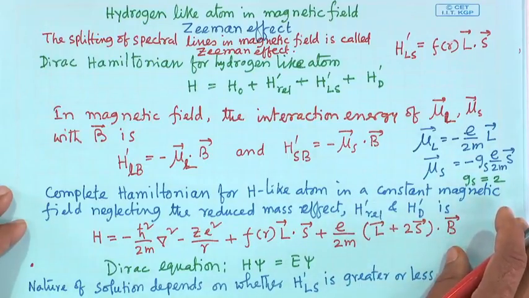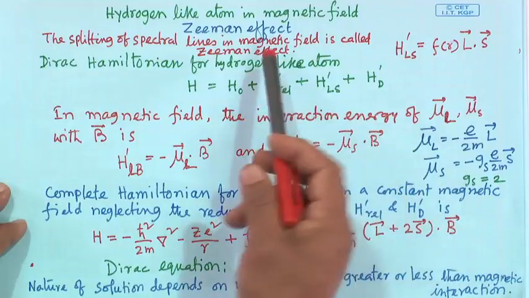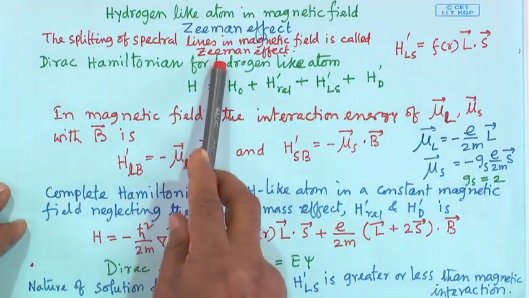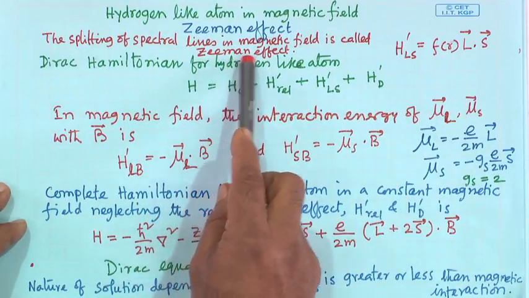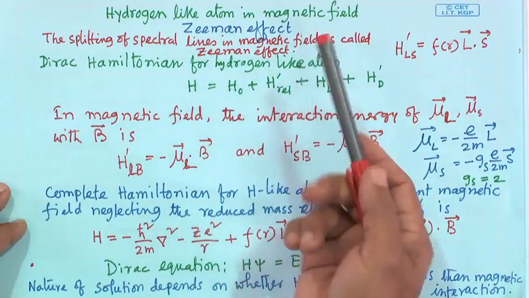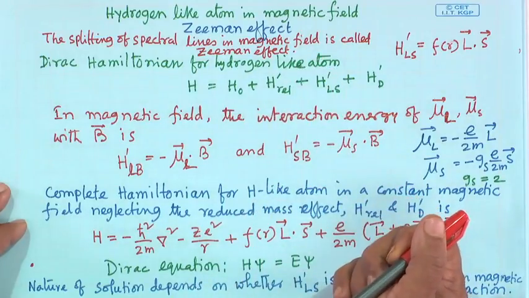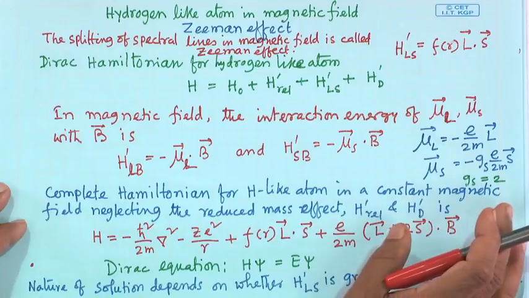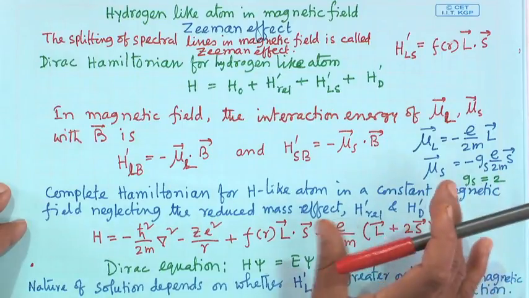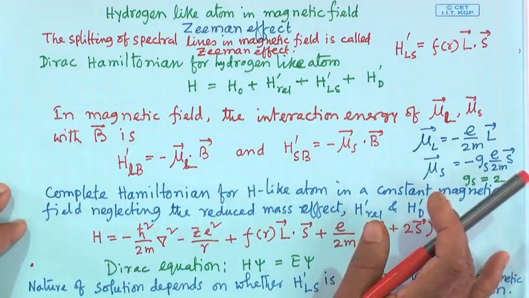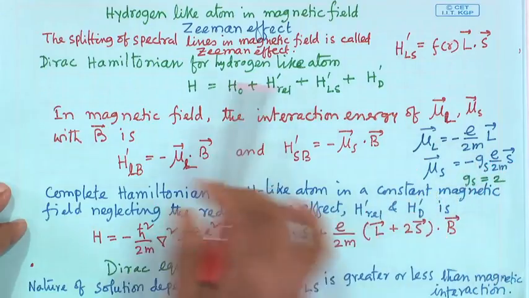Zeeman effect is nothing but the splitting of spectral lines in a magnetic field. Without a magnetic field, what is the Hamiltonian? Basically the Dirac Hamiltonian for a hydrogen-like atom.